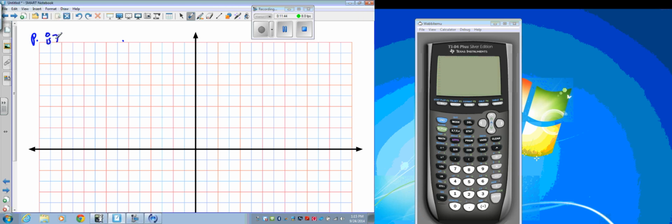It says an observer for a radar station is located at the origin of the coordinate system. For each of the points, find the bearing of the plane located at the point. And it says use both methods.